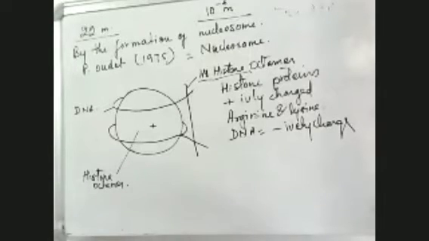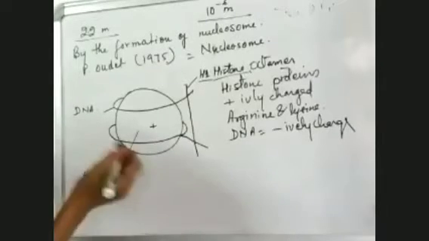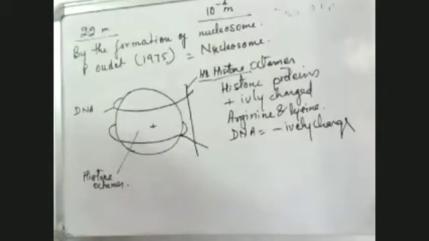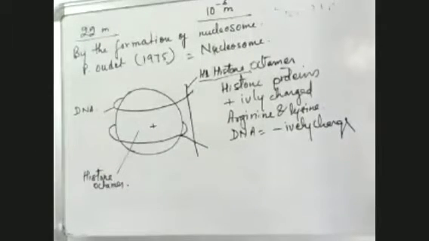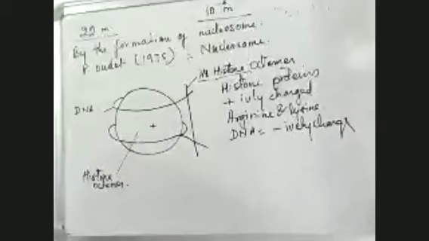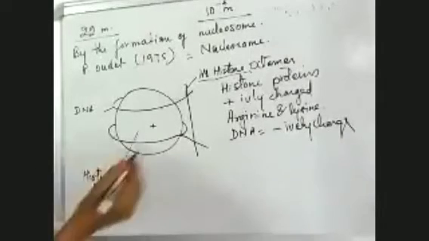Now what I want to tell you is, by the formation of the nucleosome, how much is the length decreased out of these 2.2 meters so that it can adjust in a nucleus of dimension 10 raised to power minus 6?